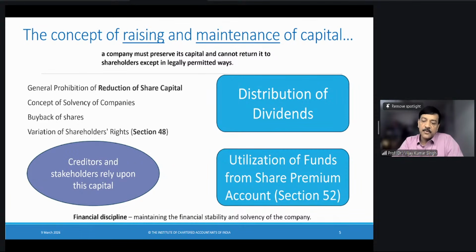So company law provides a mechanism to deal with all these funds. So you cannot take away money for one pretext or the other. Like, for example, the rule of dividend is that your company should make profit and there should be surplus for giving dividends. You cannot just declare dividends like that. From the assets, you cannot give it. You cannot give dividend from the share premium account, right?